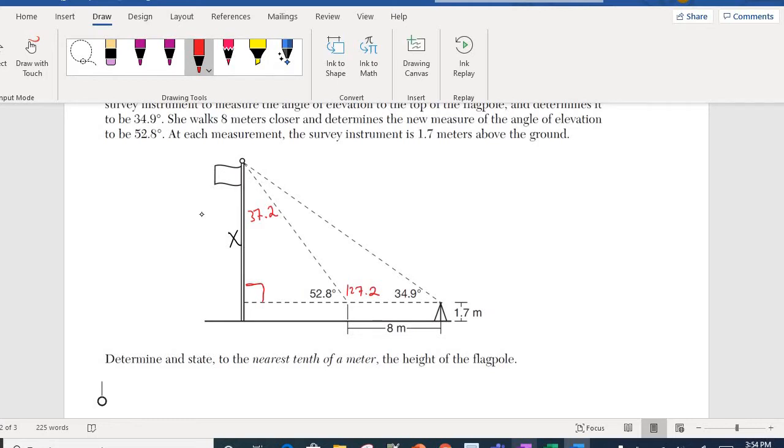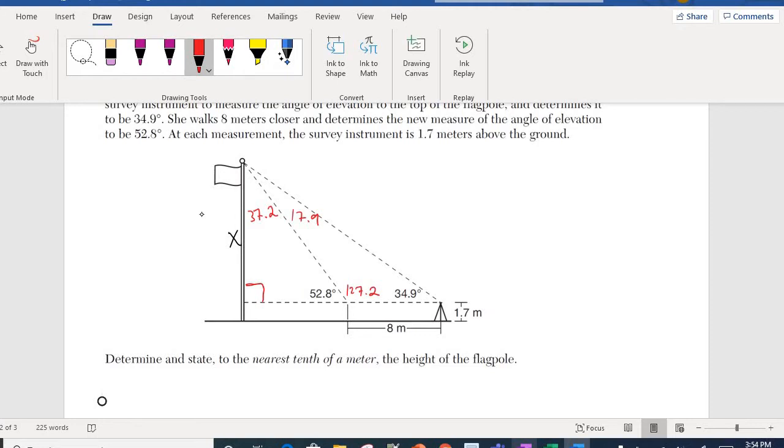And if I subtract 180 minus 162.1, that should leave you with about 17.9.